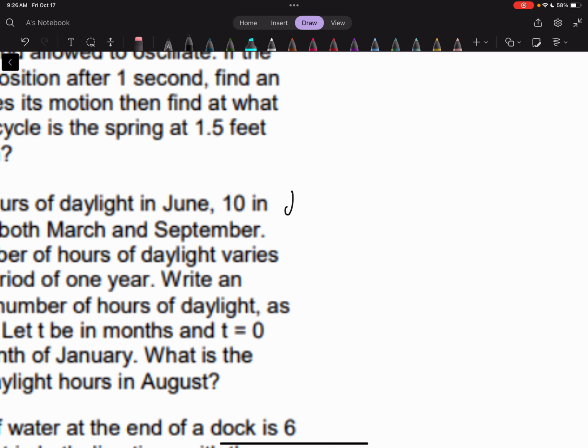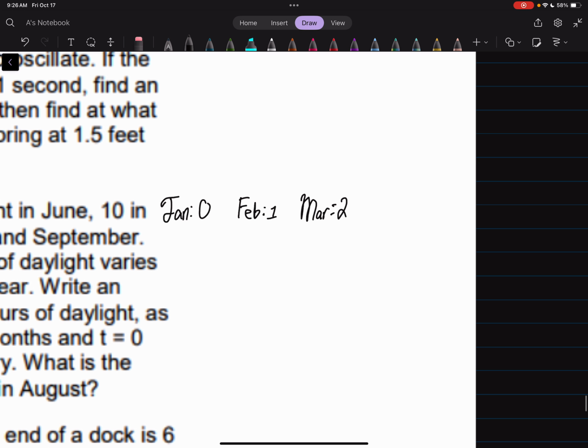So real quick, let's list out these months. January is 0. February is 1. March is 2, and so forth. April, I should probably put APR.